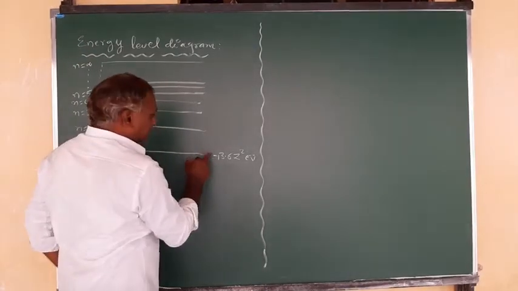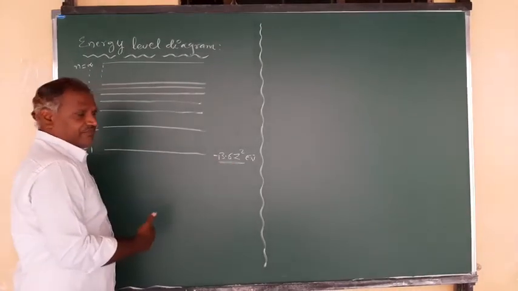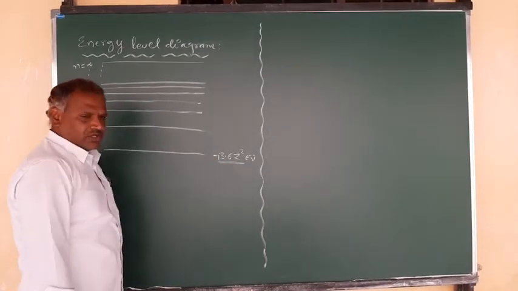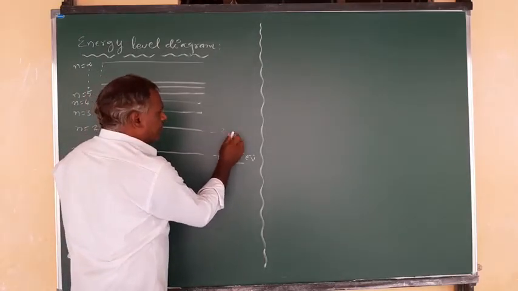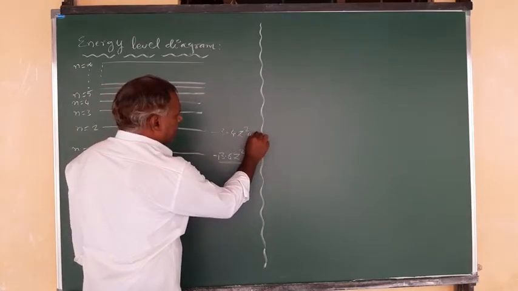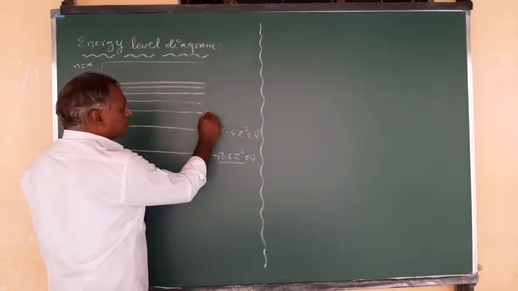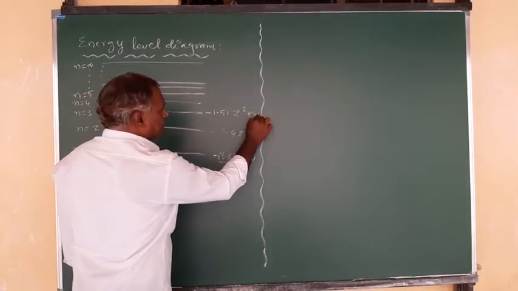So here the first one, that means the energy possessed by hydrogen-like atoms in the ground state, is this value. In the next one, it will be minus 3.4 Z square electron volts. Next one, minus 1.51 Z square electron volts.